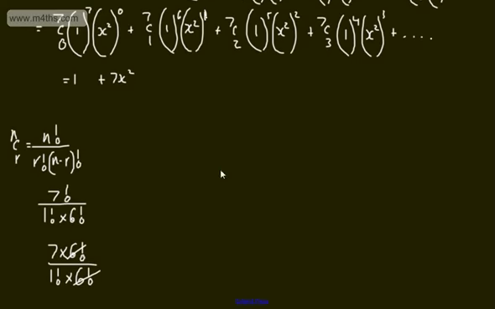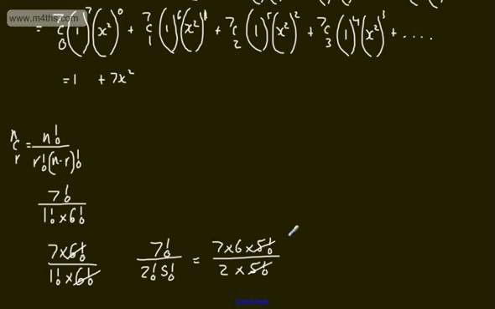Now 7c2, we could work this out manually. So what we've got here is 7 factorial over 2 factorial multiplied by 5 factorial. Again, we can see that 7c2 will be equal to 7c5. These, of course, are symmetric. So what we've got then is 7 times 6 times 5 factorial divided now by 2 factorial, which is just 2 times 1, multiplied by 5 factorial.